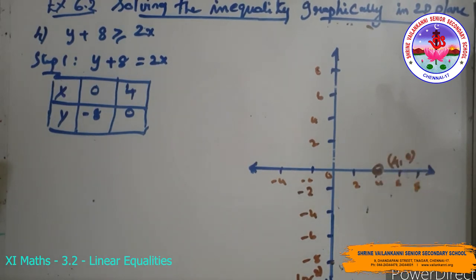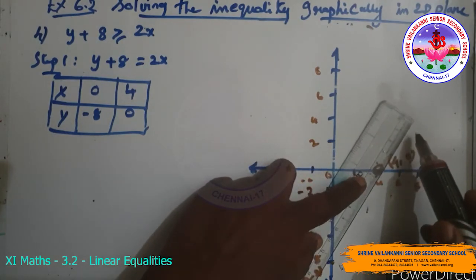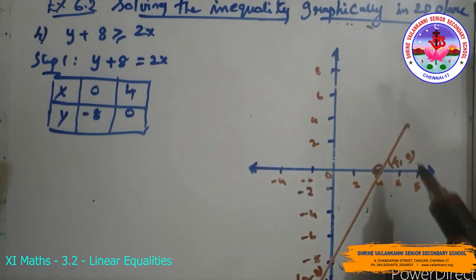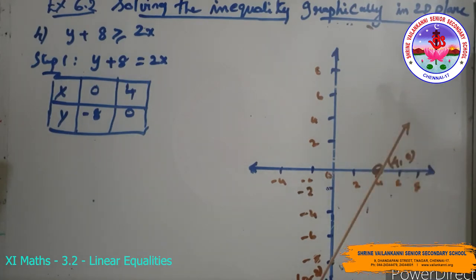Now we have to draw a line. Write the equation as y plus 8 equal to 2x.